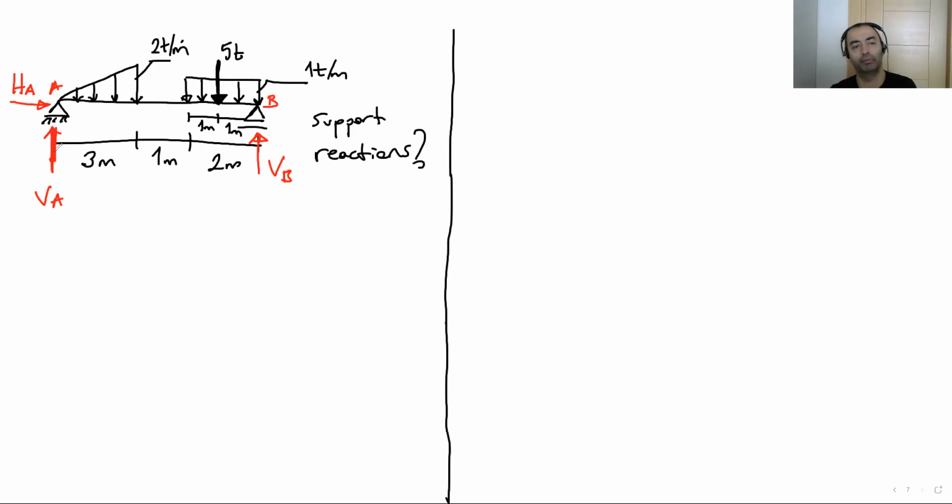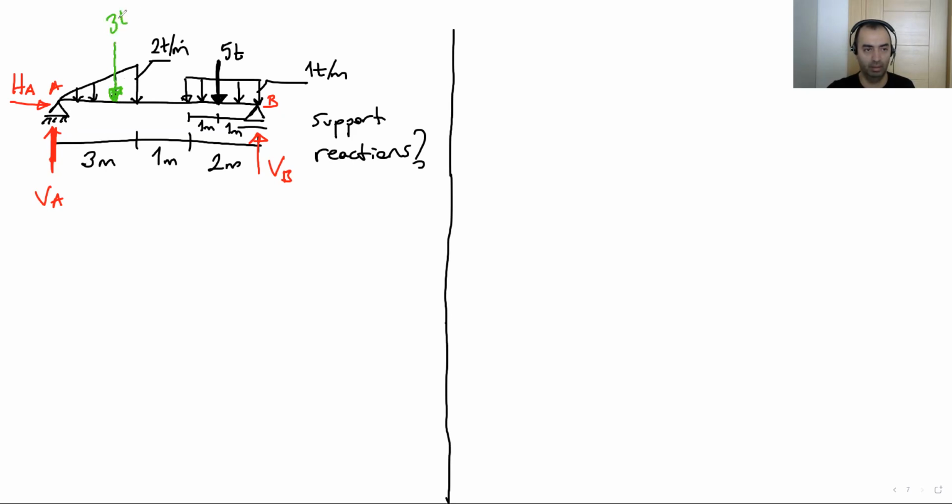For each type of distributed load, calculate the area. The area gives us the magnitude. Here we have a triangle, 2 times 3 over 2, right? Because it's a triangle. So it's 3 tons. The location is important. Location is over here.